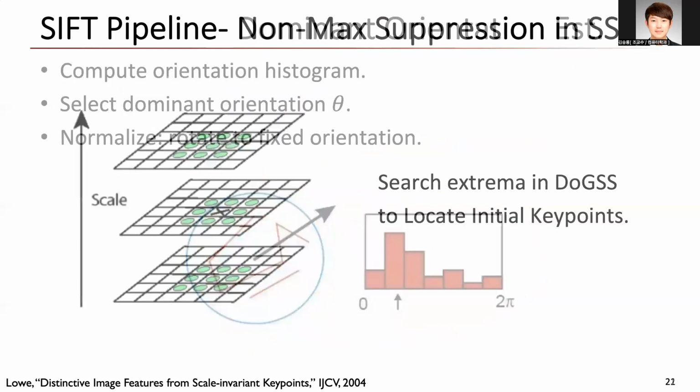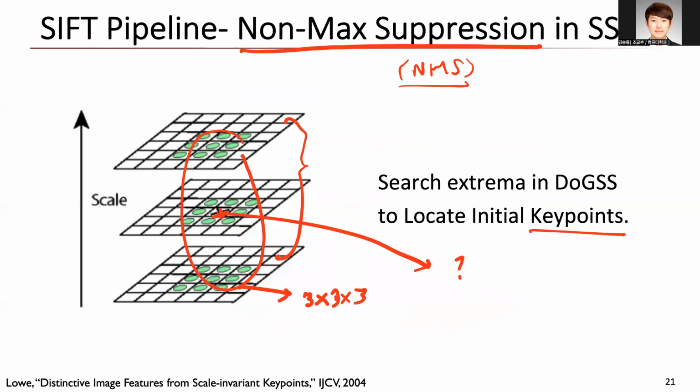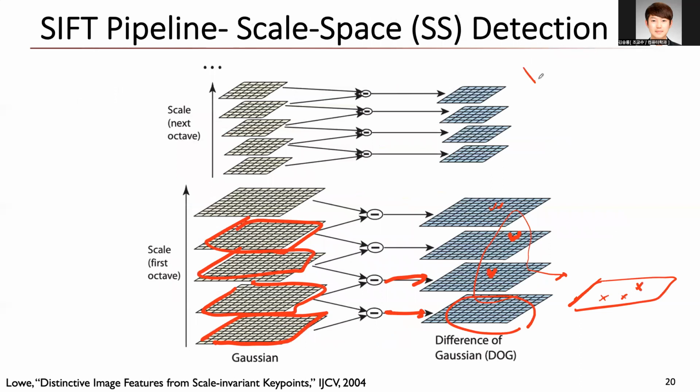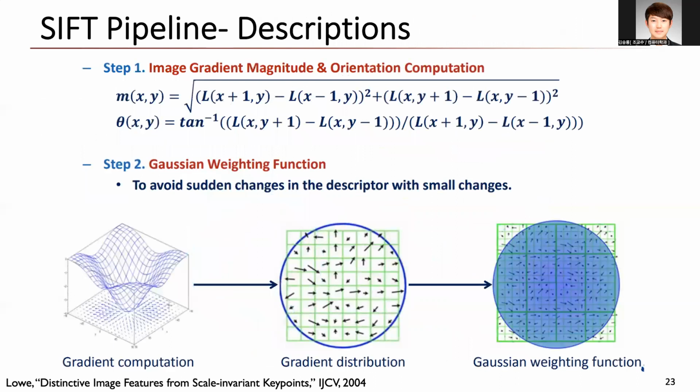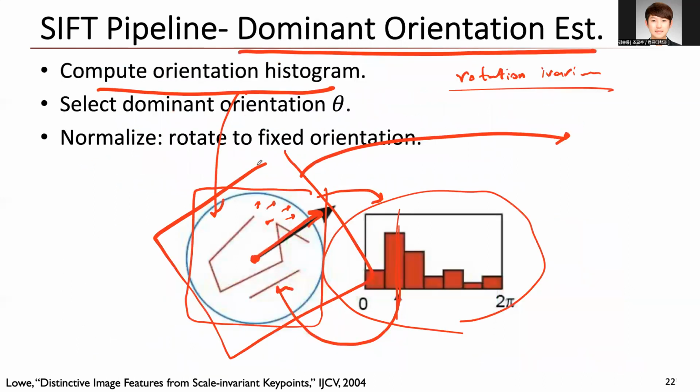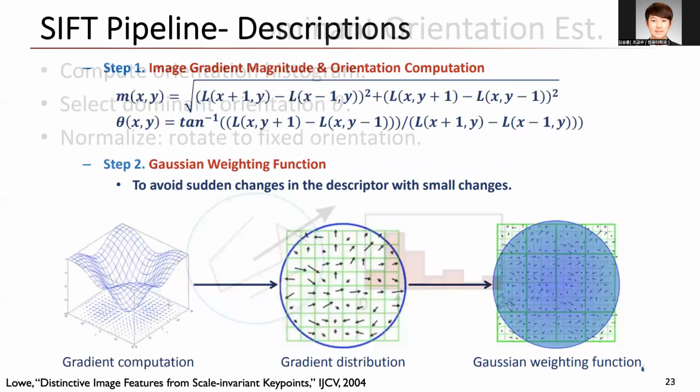So from this scale space theory, scale space based detection, we achieve scale invariance, and from the dominant orientation estimation module, we achieve rotation invariance. And then we want to describe this region as a 1D vector.